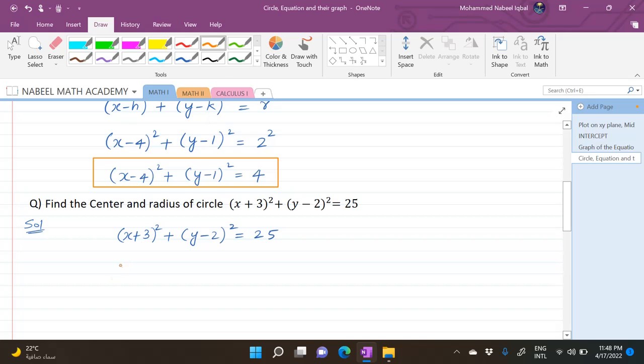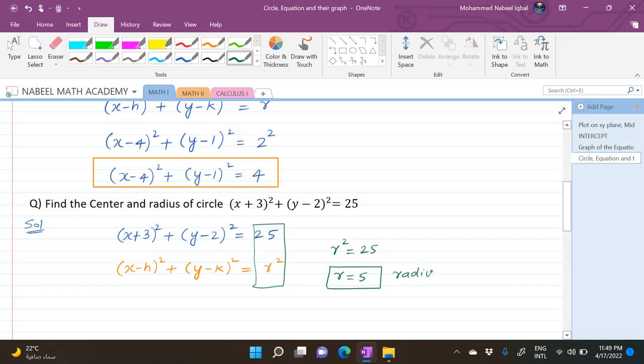What is the standard form? x minus h whole square plus y minus k whole square equal r square. Now if you compare these two, what is r square? So r square equals 25. If you take the square root, r equals 5. So I can calculate the radius. This is the radius of the circle.